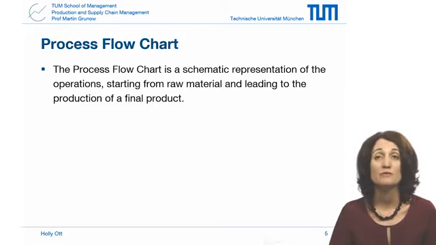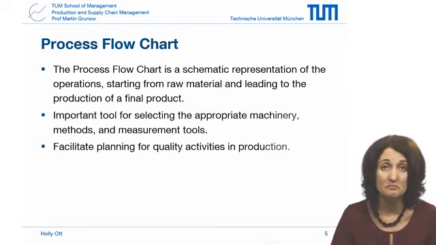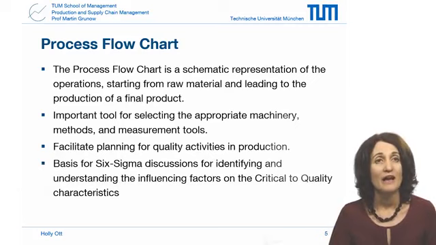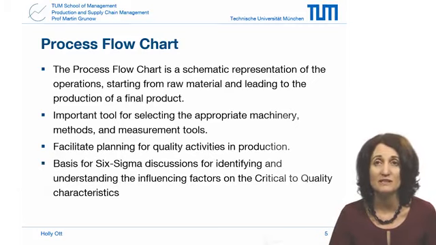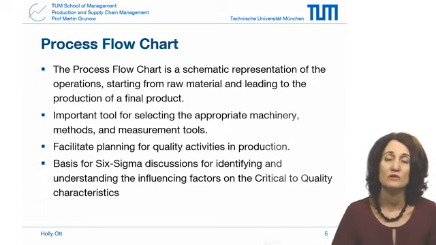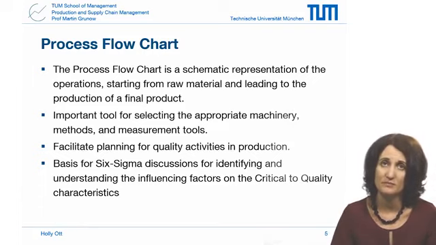It provides a perspective on the flow of activities in a production process and thus facilitates also planning for quality-related activities at appropriate junctures in the course of production. And of course, it is the basis for starting discussions in the Six Sigma methodology for investigating the influencing factors for the critical to quality characteristics.